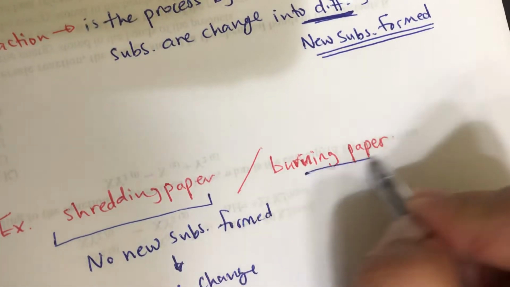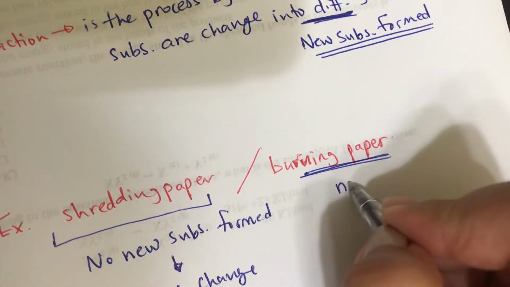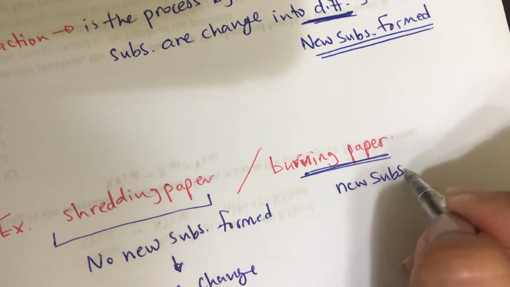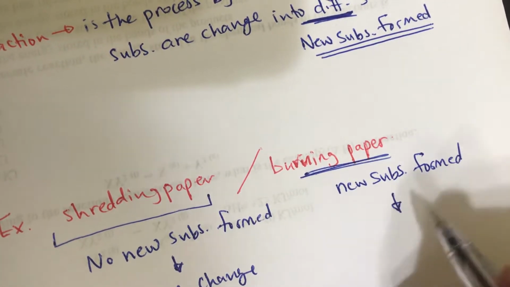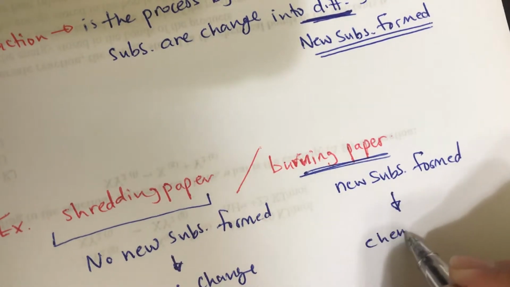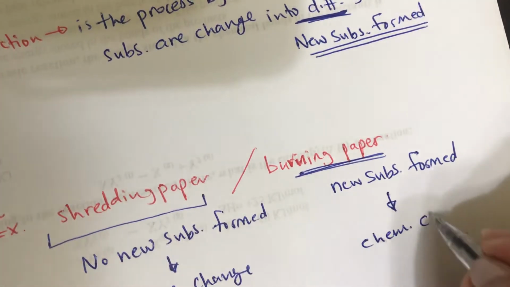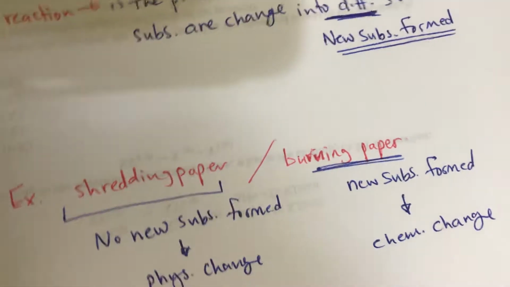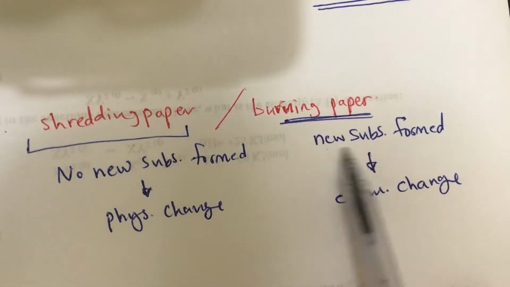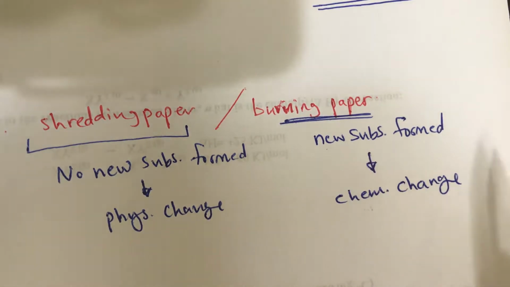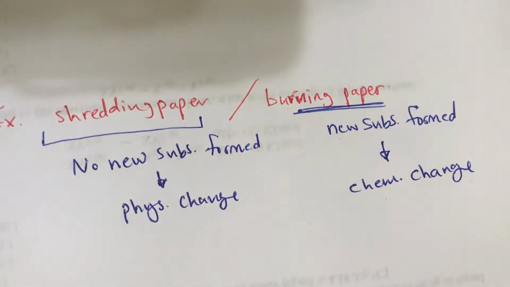But when you burn paper, a new substance is formed, so it's a chemical change. So any change that produces a new substance is called a chemical change or chemical reaction.